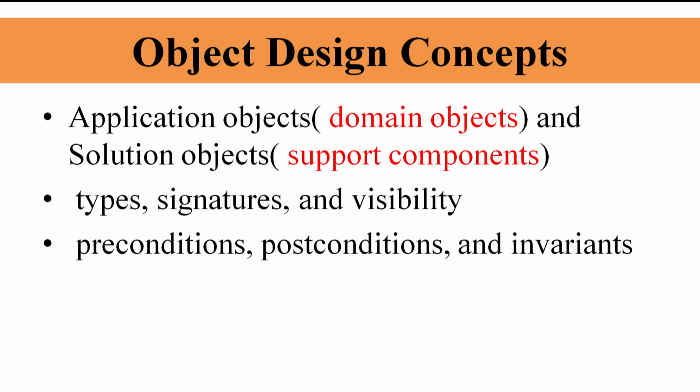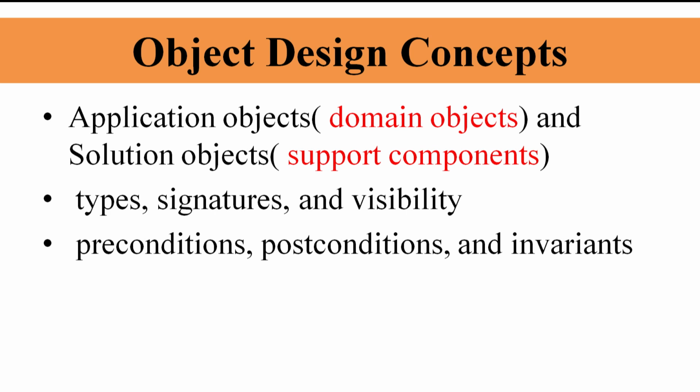And then solution objects, some support components like how ports are used for communication, how maintenance activities take place, how backup activities take place. These are ready-made, available, and can be used as general purpose objects for different application development.